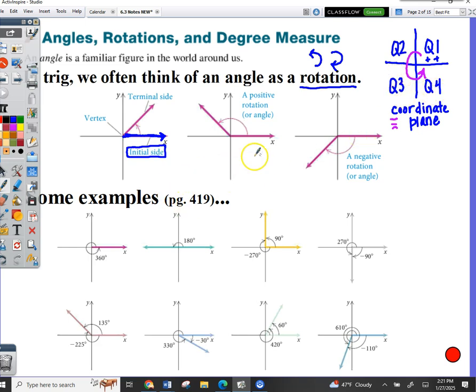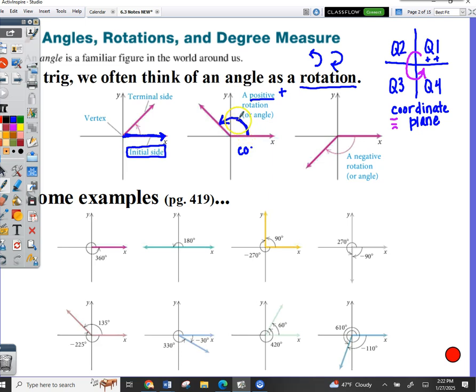Now, here's another thing. Notice that a positive rotation starts with the initial side here, and then it rotates this direction. What direction is that, y'all? If it's going this way, that would run what? Clockwise or counter?